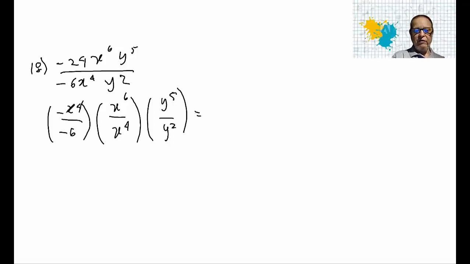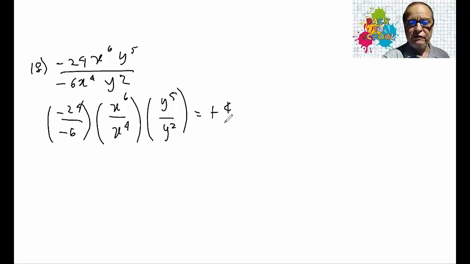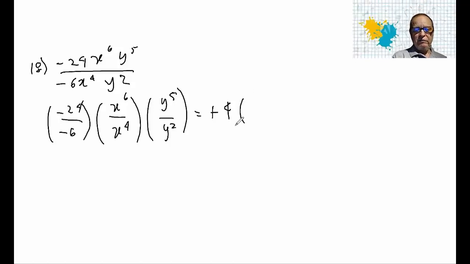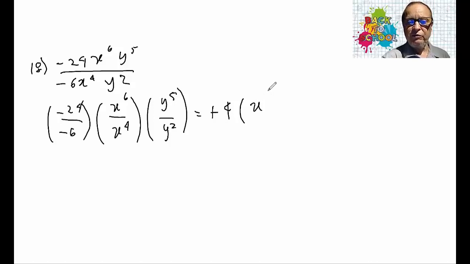We know a negative over a negative is a positive, and 6 goes into 24 4 times. Now we have the next part here. So we have the x's. So it's going to be, based on the quotient rule, 6 minus 4.